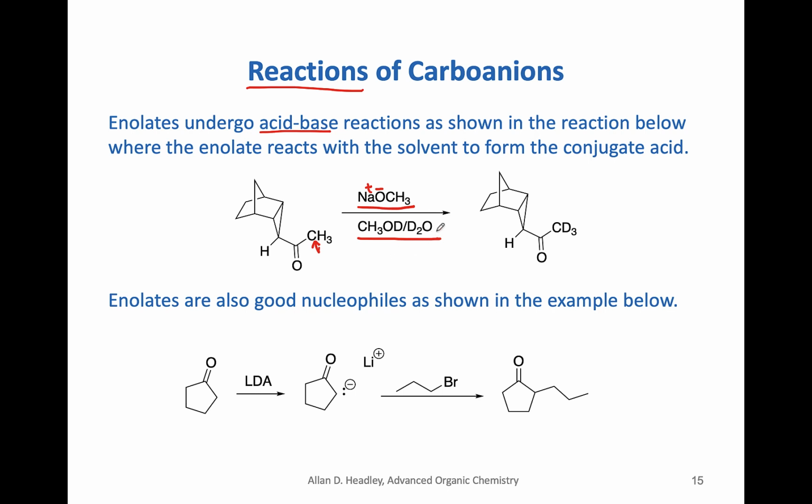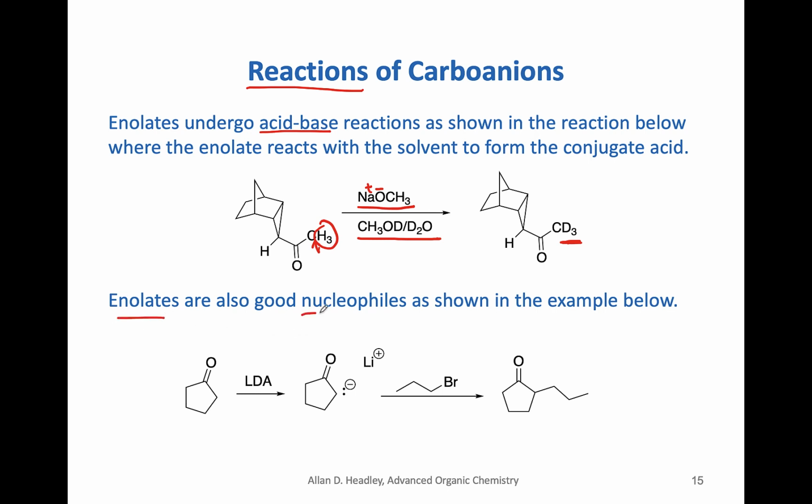It can abstract, and in fact will abstract, the deuterium, because the deuterium in this case is acidic. Not very acidic, but acidic enough that the strong base can abstract it to get CD3, and eventually it will continue until all the alpha hydrogens are replaced with deuterium, because we have the enolate that's formed.